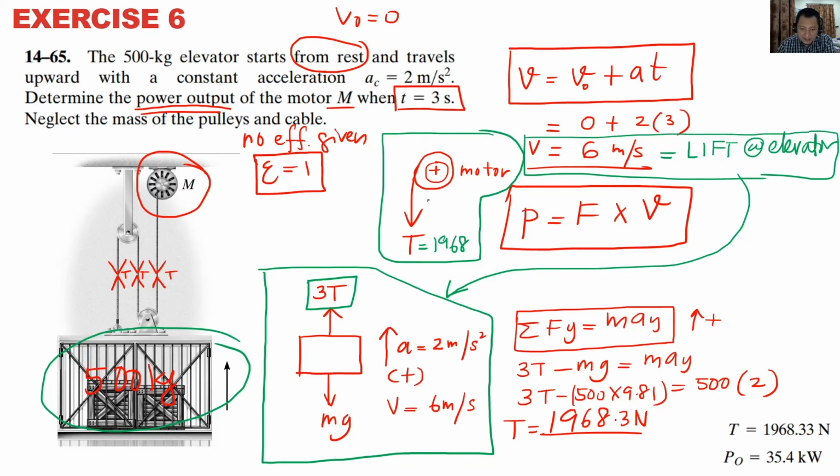V here would be how much? If this is 6, this is slower lah. Bottom here is 3 times slower. Here would have to be 18 meter per second.